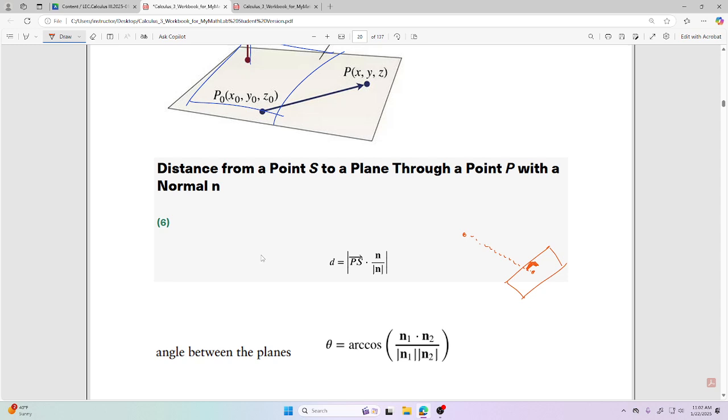So, unit vector dot with the PS. Yes. Yeah, exactly. It's just a movement of the same stuff.